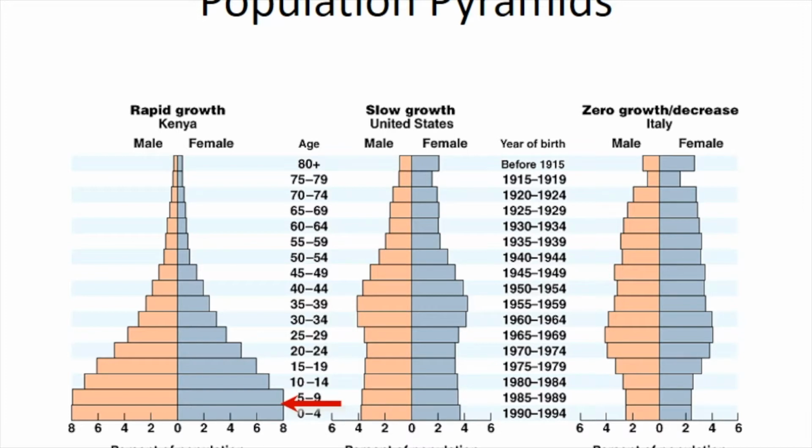These are the young people. And on top, this is the elderly people. In the middle, the working age population. And you can compare all of these 3 population pyramids between Kenya, United States, and Italy.